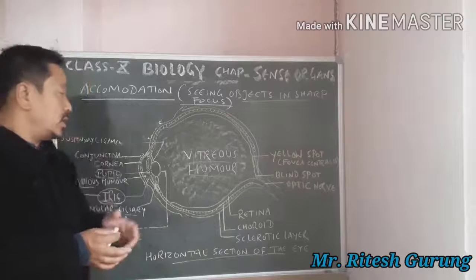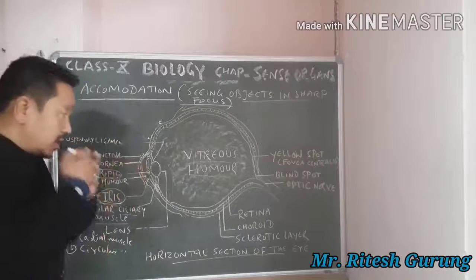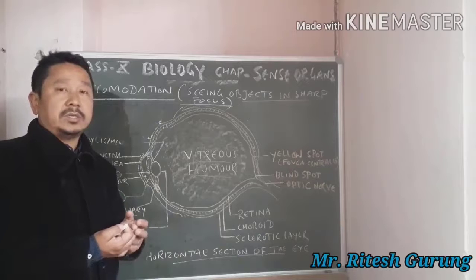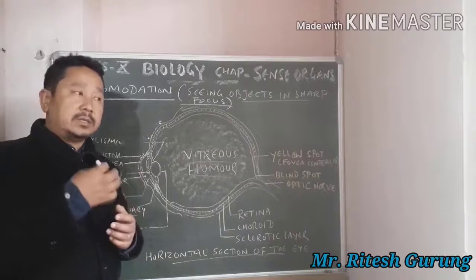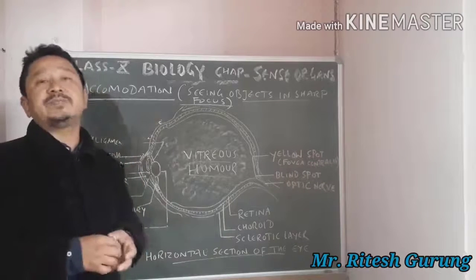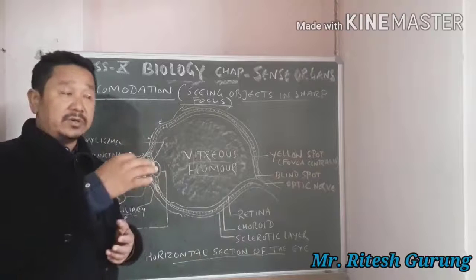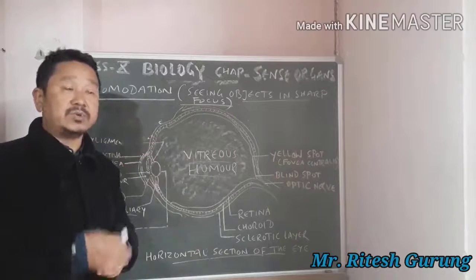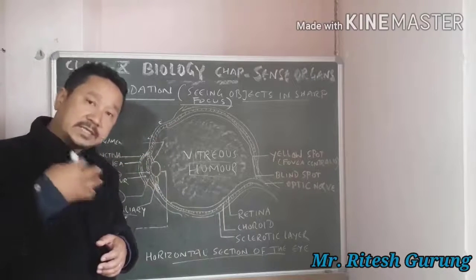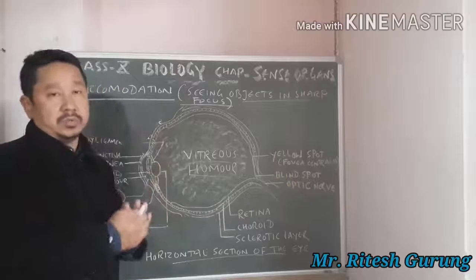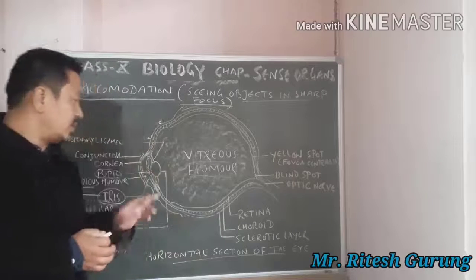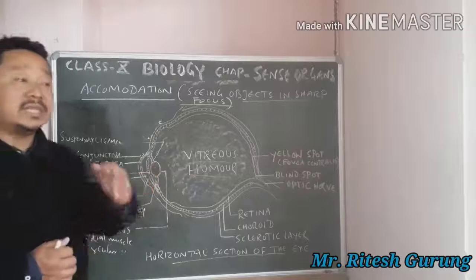Whereas if the objects are farther than 6 meters, at distant places, then your lens will be thinner.